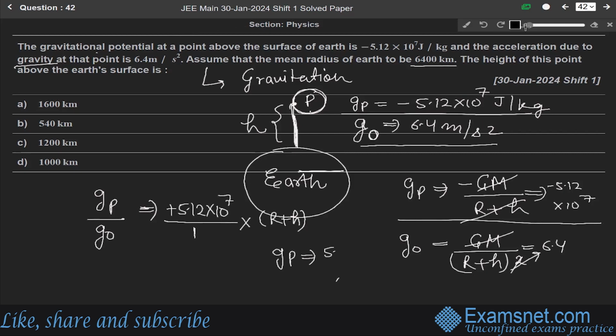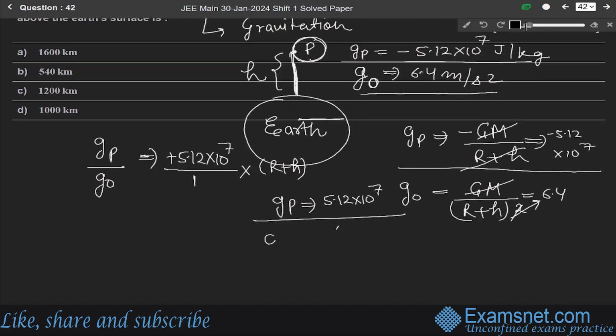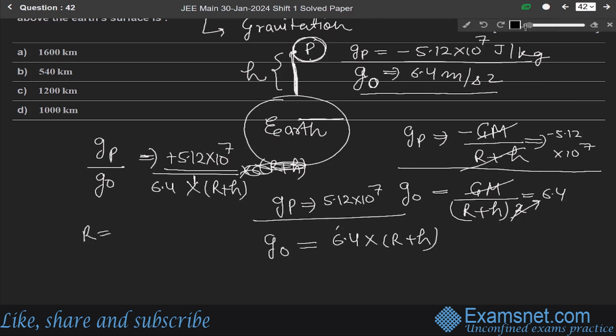So it will become directly 5.12 into 10 to the power 7, and this g naught will become 6.4 into R plus H. So solving it and putting R equals 6400 kilometer, we get H, the height, equals 16 into 10 to the power 5 meter, that is 1600 kilometer.